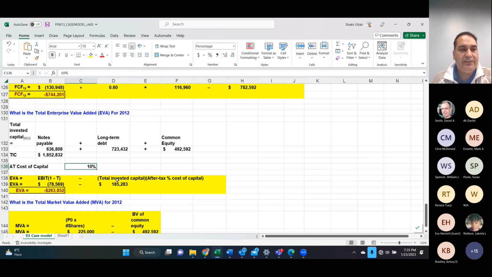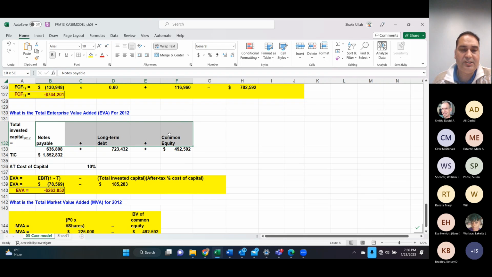How do we calculate our total invested capital? We take the notes payable, which is a borrowing from a bank. A long-term debt, it may also be borrowing from a bank, or it could be bonds issued or whatever, but it is long-term, like many years borrowing. And then plus common equity, this is the investment by the common stockholders in this particular case.